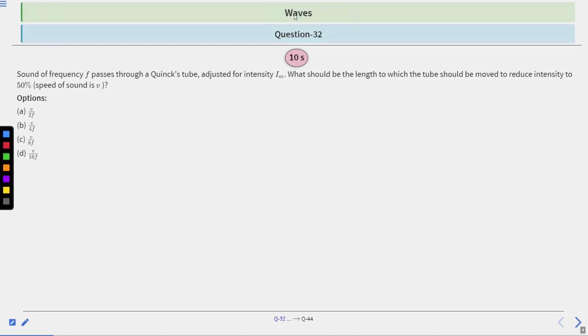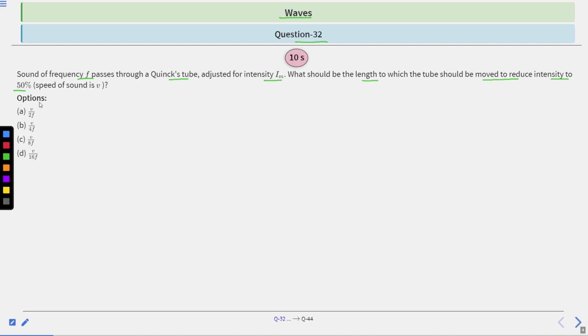So, the topic is waves, question 32. Sound of frequency f passes through a Quincke tube adjusted for intensity Im. What should be the length to which the tube should be moved to reduce the intensity to 50%?